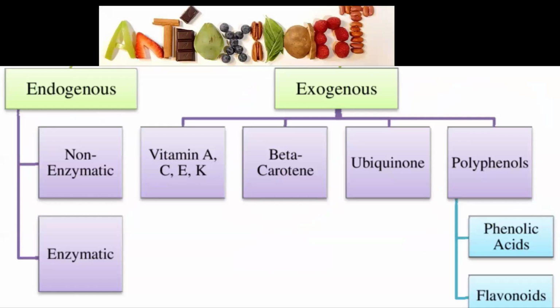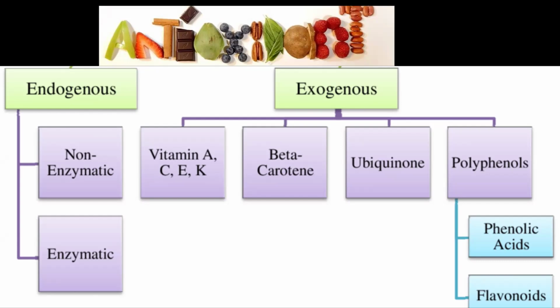These are the antioxidants and their sources. First are endogenous and exogenous. Endogenous may be enzymatic and non-enzymatic. Enzymatic ones are like glutathione peroxidase, catalase, and glutathione reductase, and non-enzymatic ones are like vitamin C, vitamin E, and vitamin A. Then exogenous means it can be provided from an outer or external source, that is vitamins A, C, E, K, which are present in various fruits like lemons, oranges, and mangoes.